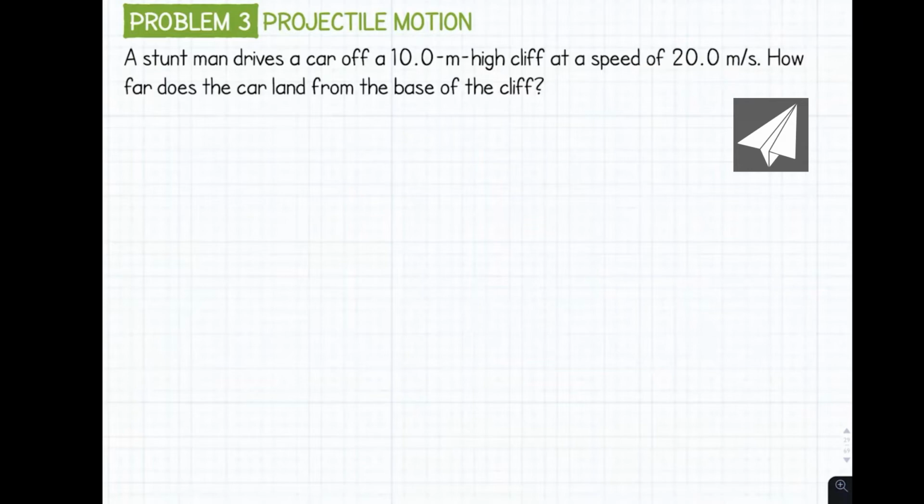This car has to fall 10 meters. So you just calculate the time it takes to fall 10 meters, and you plug it into your x velocity, which is 20 meters. So we use an equation for that, right? We derived these last time.